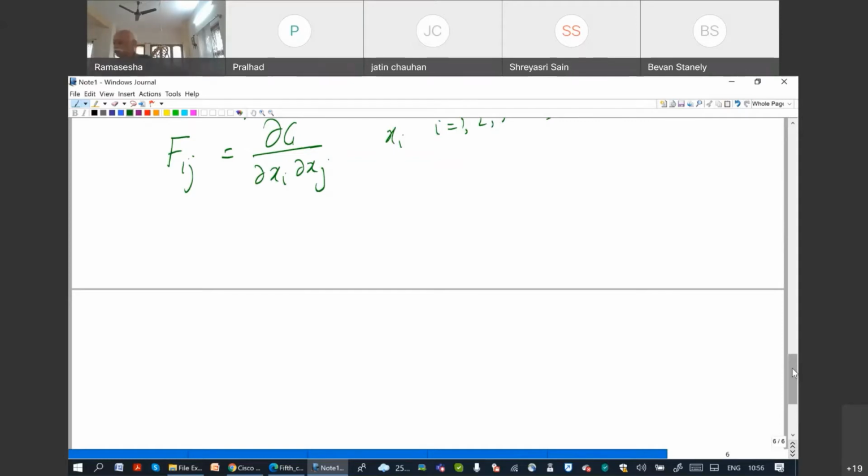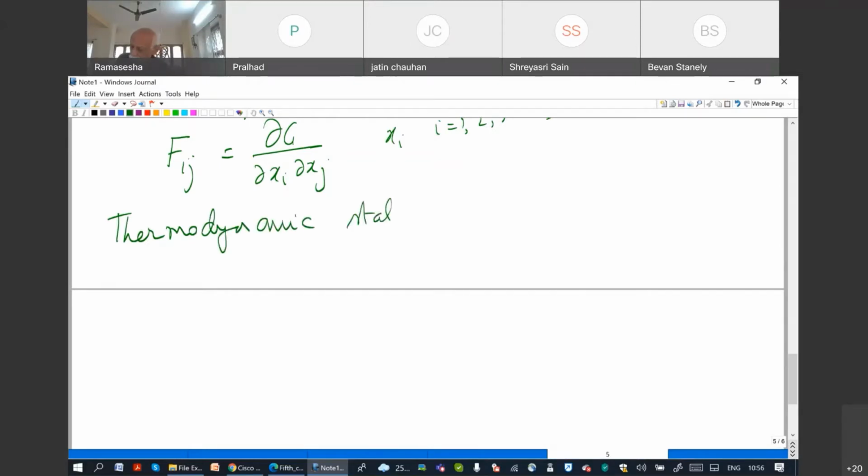Okay, so now let me apply it to thermodynamics. The thermodynamic state functions are exact differentials, right? Yes, sir.